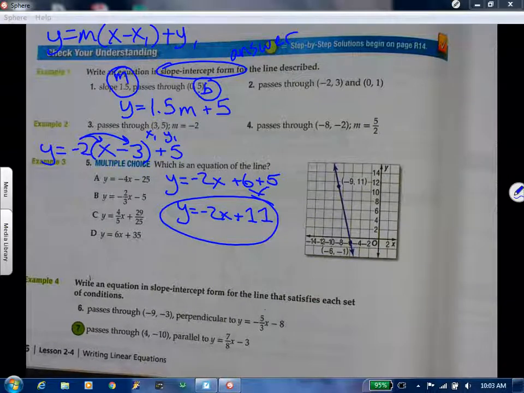Let's start off the same way we did number 3. Neighbor or done, you can check your answer with them.